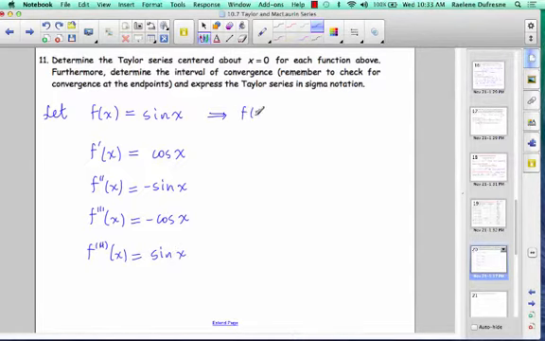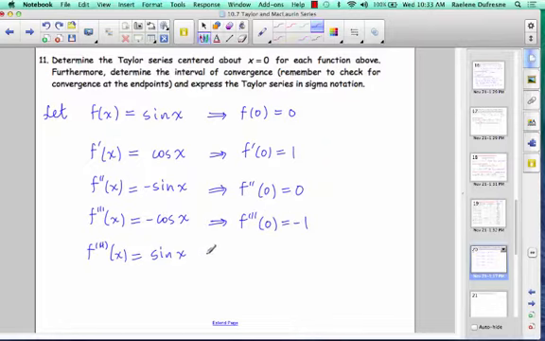And so we know that f at 0 will be 0, f prime of 0 is positive 1, f double prime of 0 is 0, f triple prime of 0 is negative 1, and the fourth derivative at 0 takes us back to the beginning of the cycle, which is 0.